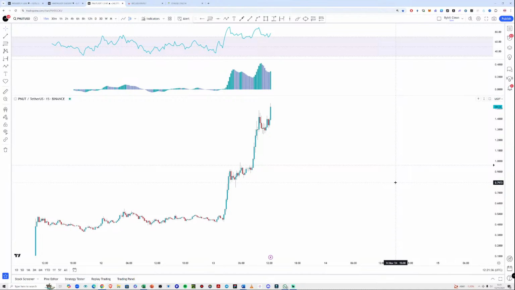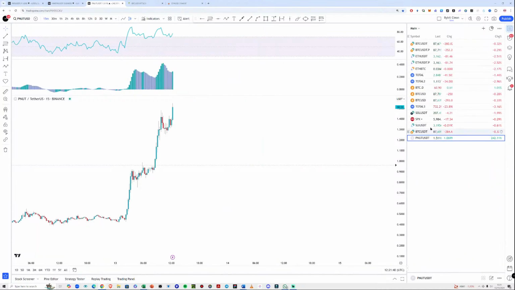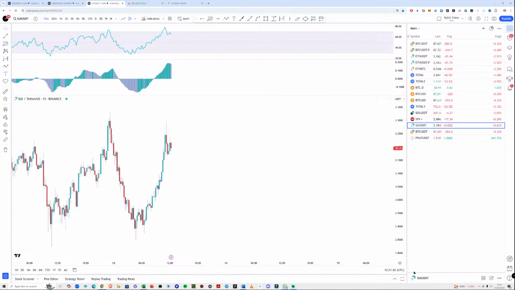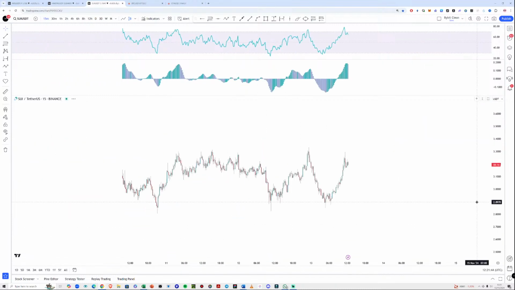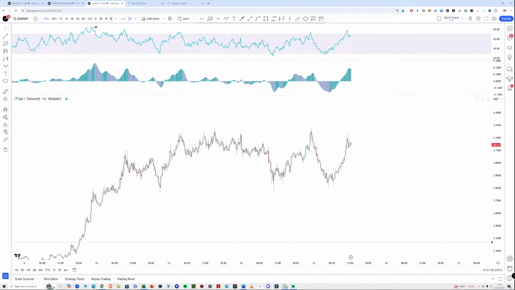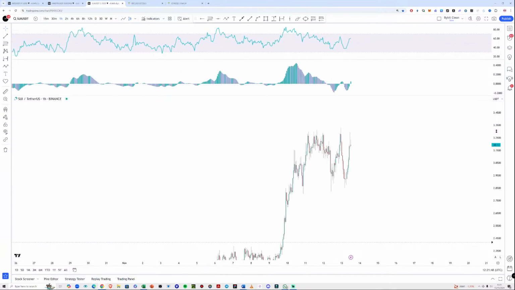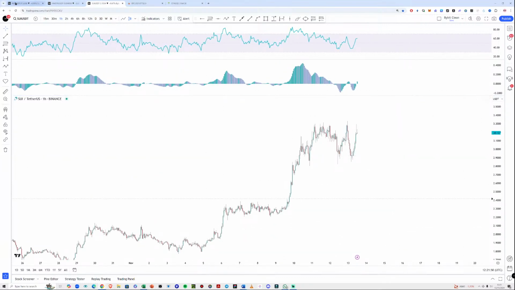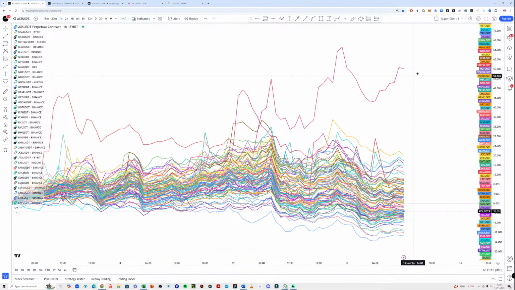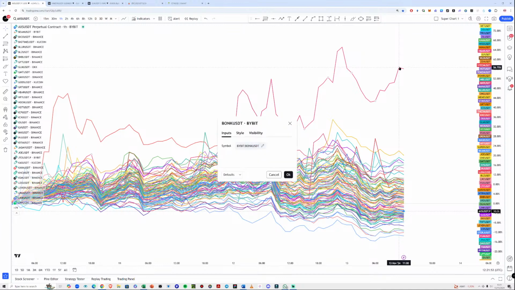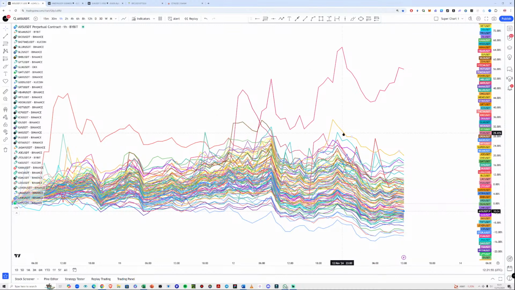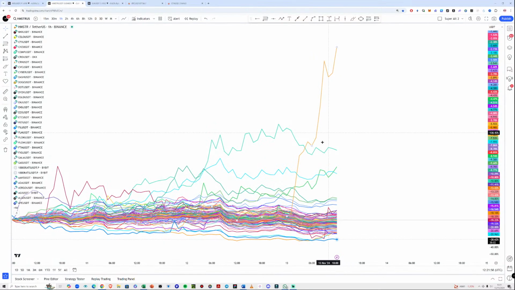So that was the diagonal example. Horizontal is Sui. Sorry to bore members of the flow zone here that know I took this position, but this is a great example, right? So if we go to our super chart overlay, one of these is Sui.